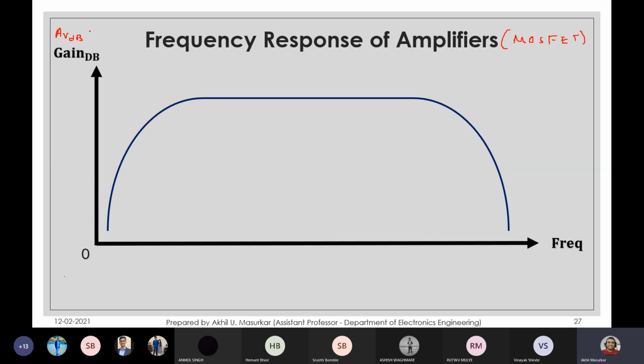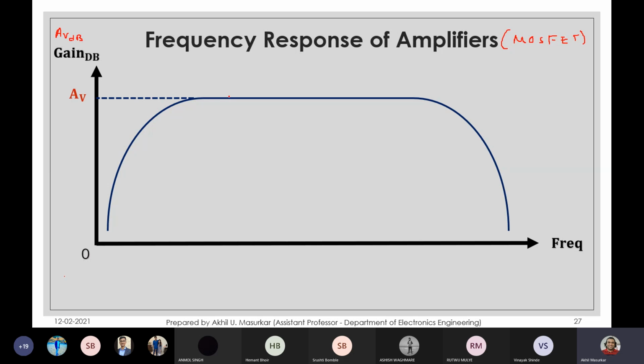I hope you all have drawn at least this much, what you can see on the screen. Draw two axes: X you show frequency, Y you show gain. After drawing this, some important points to note.